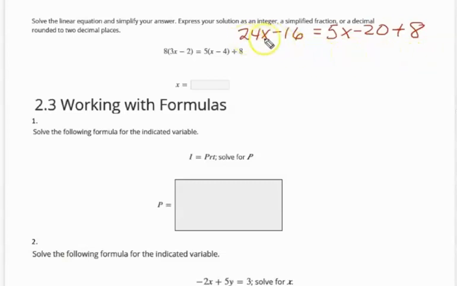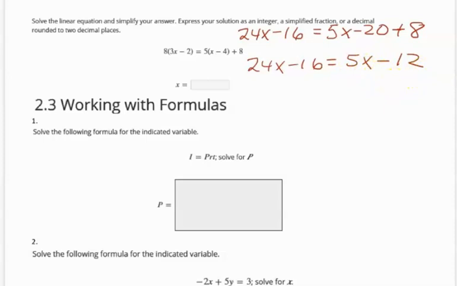So now here we have a variable, a number. Here a variable, but we can combine this. So let's do that. 24x minus 16 equals 5x. This is going to be a negative 12. Now take it to the next step.